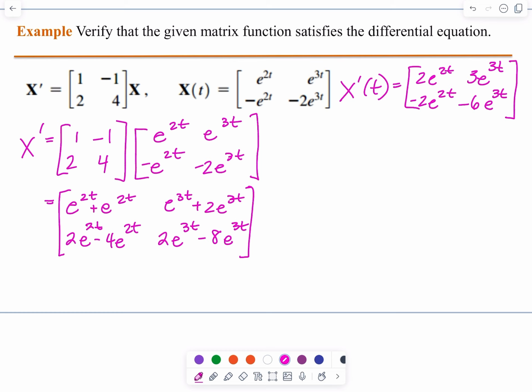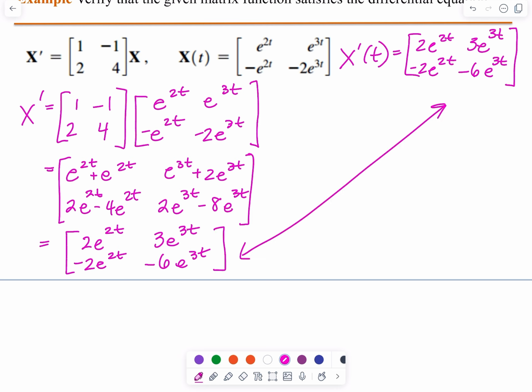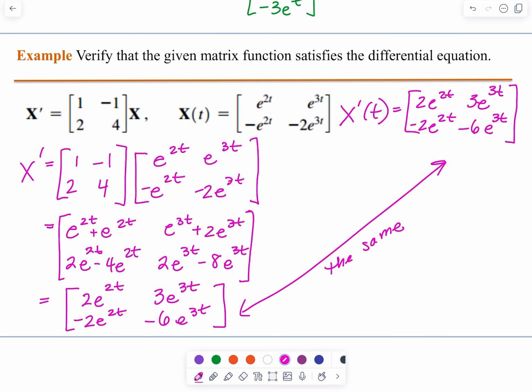And that leaves us with 2e to the 2t, negative 2e to the 2t, 3e to the 3t, and a negative 6e to the 3t. And these are the same. And that concludes this video.